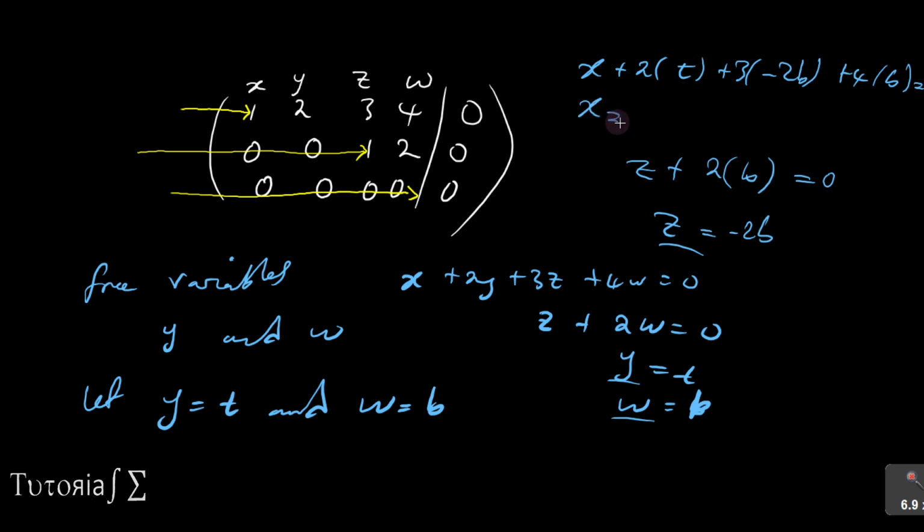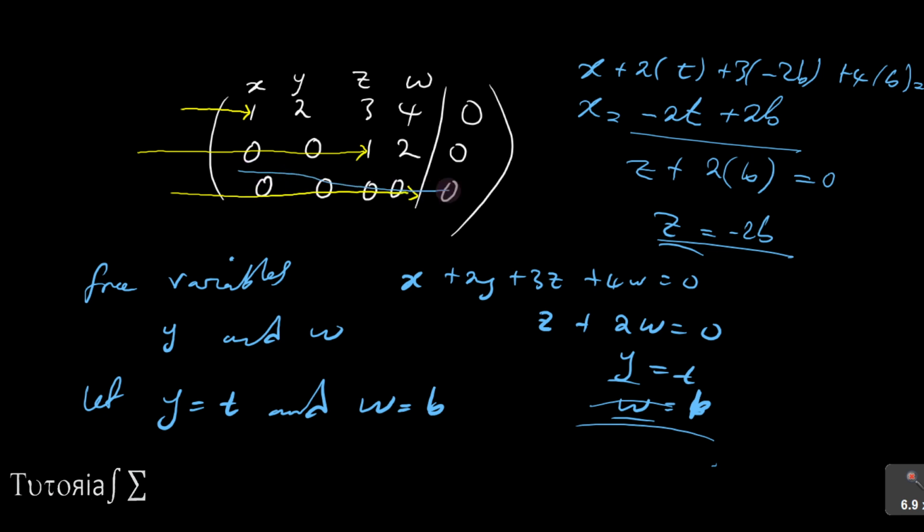So x will be equal to negative 2t, then these will add up: this is 4b and 6b, so when simplified this will be negative 2b, then when you cross the equal sign, it will be positive 2b. And that is your values. That is x equals this, z equals this, y equals this, and w equals this. So that is how you identify the free variables, and you simply work it out like that.